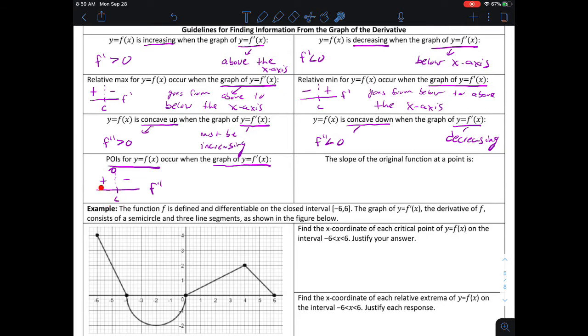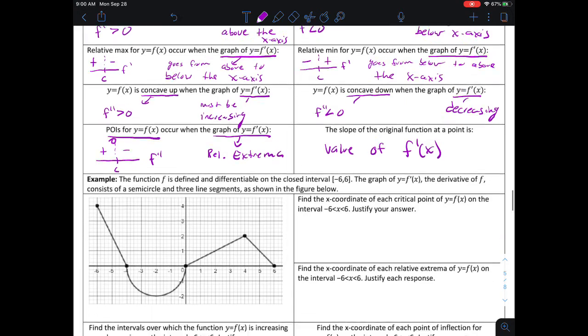So it's a critical number, and we have a sign change where we go from either increasing to decreasing, or decreasing to increasing, which means that our graph of f prime will have a relative extrema. And the last part: the slope of the original function at a point is going to be the value of my derivative, so it's whatever the y value is.